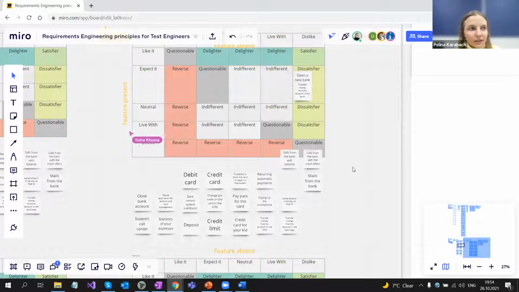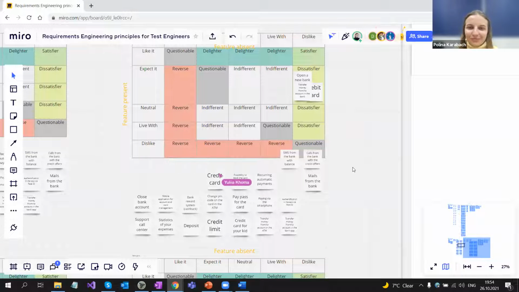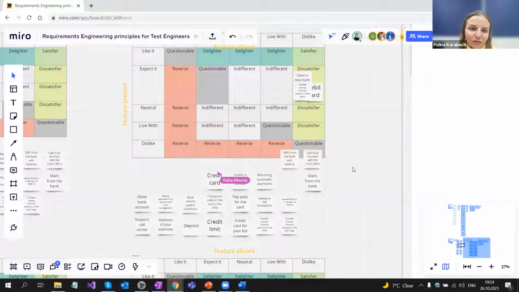A debit card, I would expect it, and I would not like it if it's absent. And what about a credit card? Credit card, I'm neutral if it's there, and I'm neutral if it's not there.